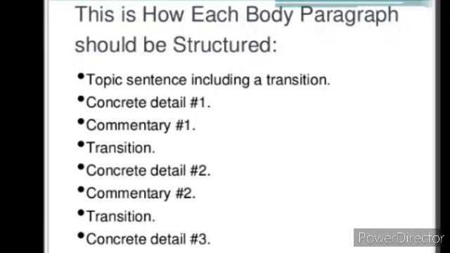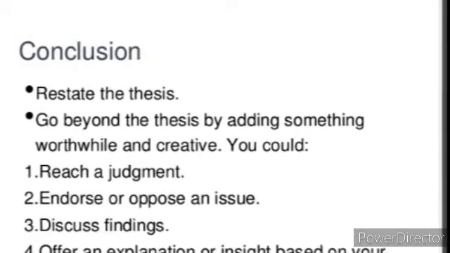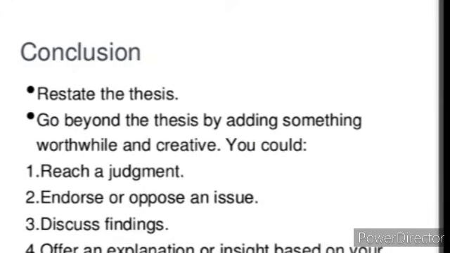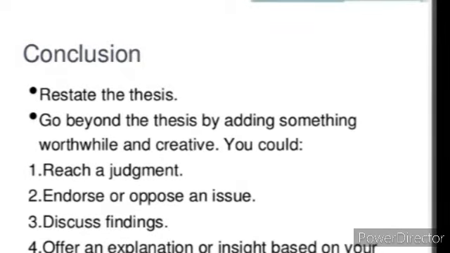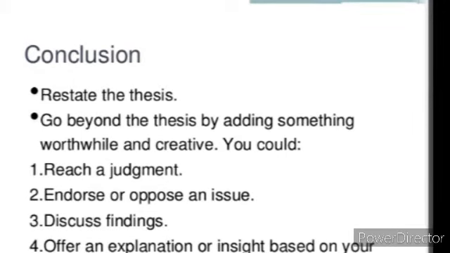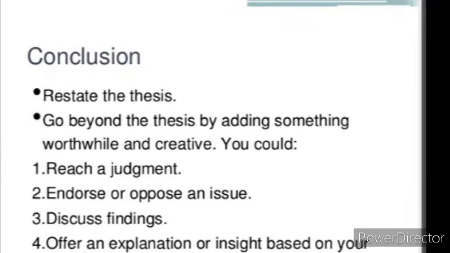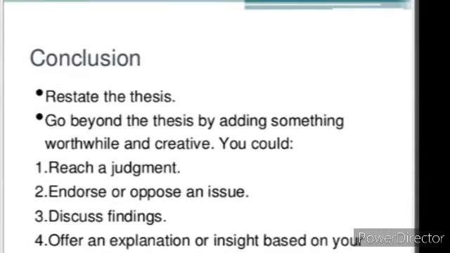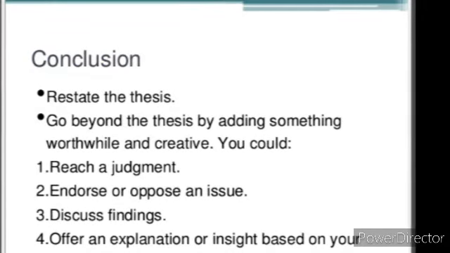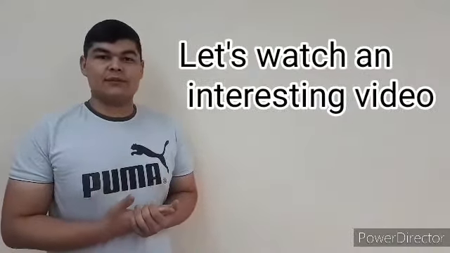And the conclusion is divided into restating the thesis, and going beyond the thesis by adding something worthwhile and creative. You could reach a judgment, endorse or oppose an issue, discuss the findings, offer an explanation or insight based on your findings.